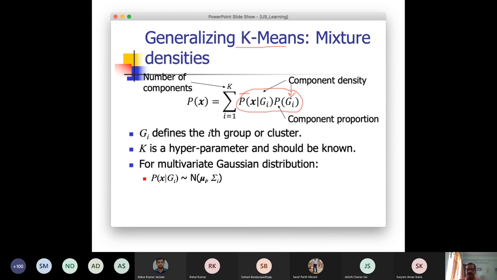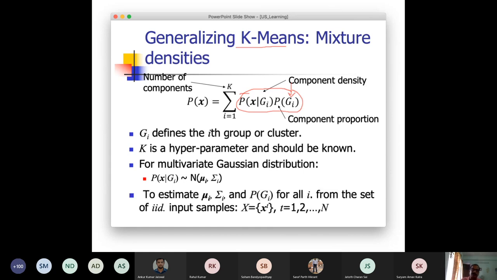One of the simplest and most popular assumptions in this problem is that you consider the components as multivariate Gaussian distributions. In the multivariate Gaussian distribution, these are the parameters: the mean vector and the covariance matrix for the ith component. Your problem is to estimate all these parameters given the input samples.